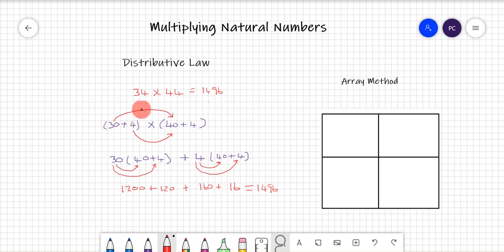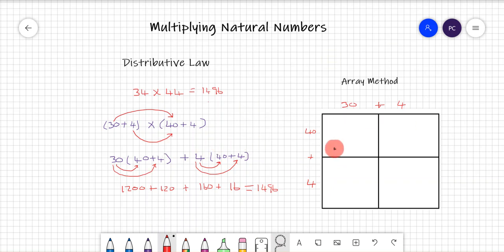We take our two numbers, split them into tens and units, and display them like this: 30 plus 4, coming from the number 34, and 40 plus 4, from 44. Let me just tidy that up a bit.